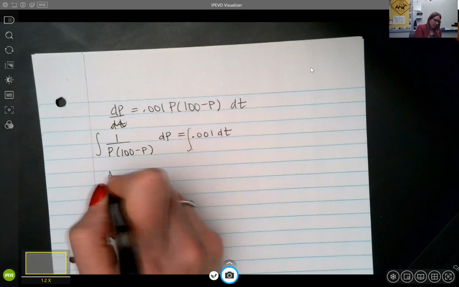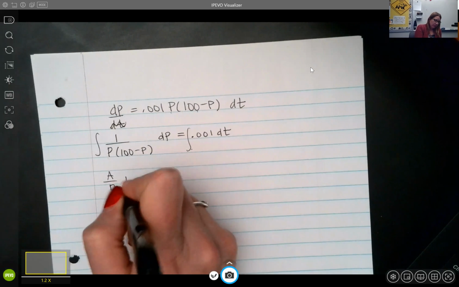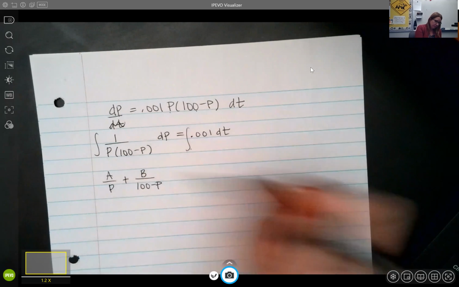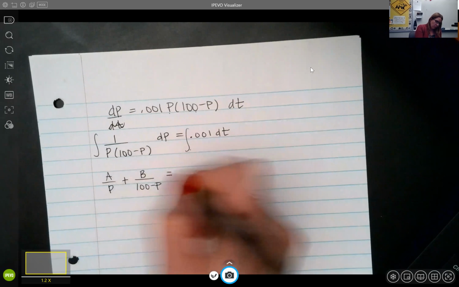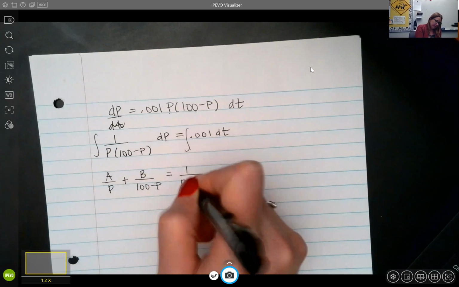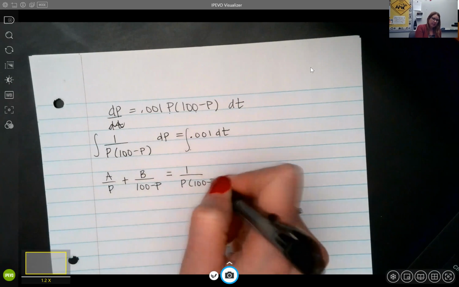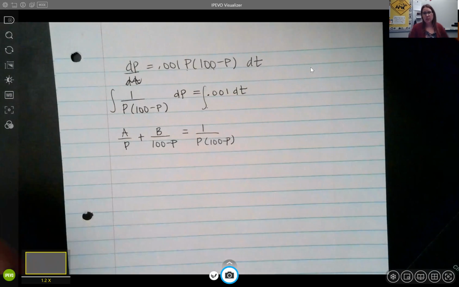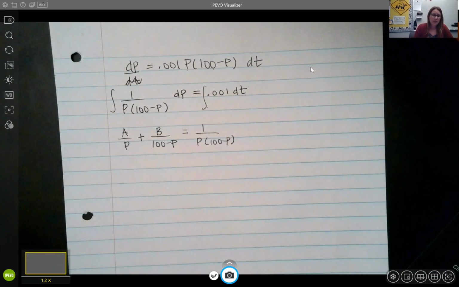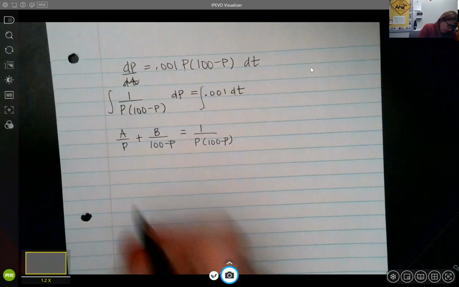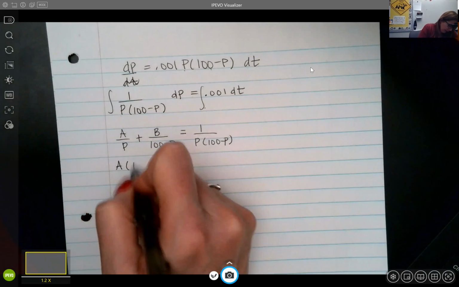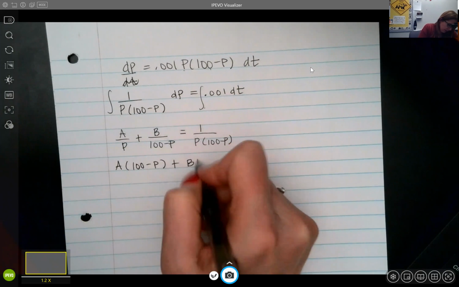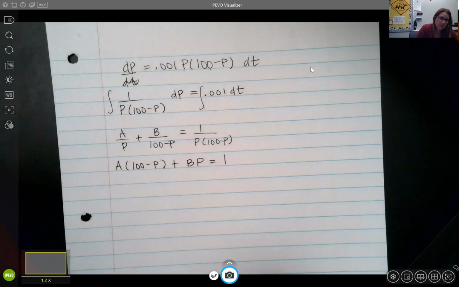So A over P plus B over (100 minus P) equals 1 over P times (100 minus P). We need to go through the partial fraction process to solve this. So A multiplies by (100 minus P), B multiplies by P, and that will equal 1.